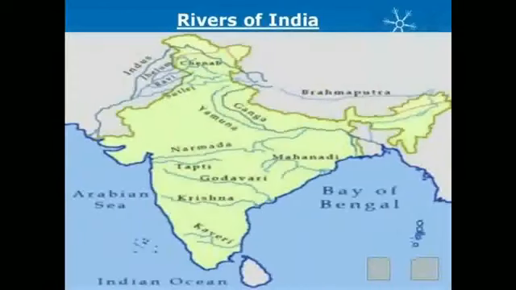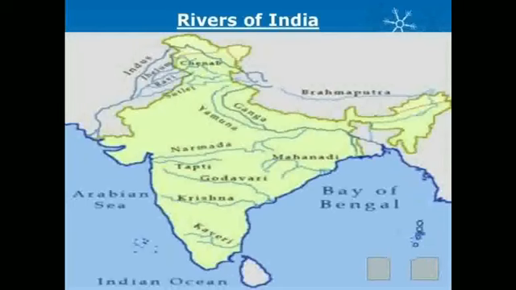Now here is a map of India. This map shows the different rivers in different parts of India. At the top we have the Indus River, and it is joined by a number of tributaries like Jhelum, Chenab, Ravi, and Satluj. To the right side, it is Brahmaputra, and in the middle it is Ganga.